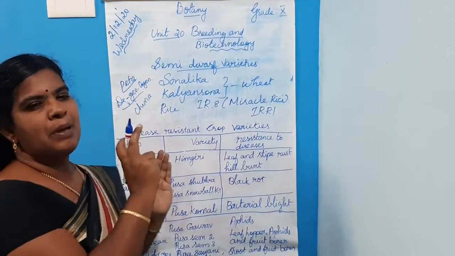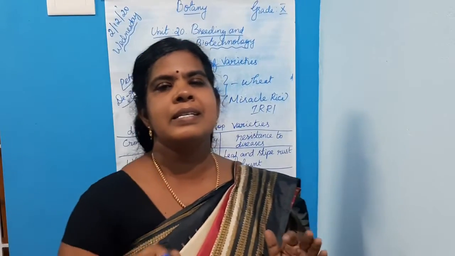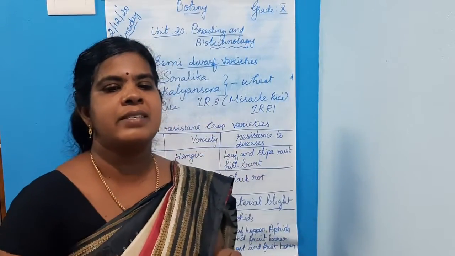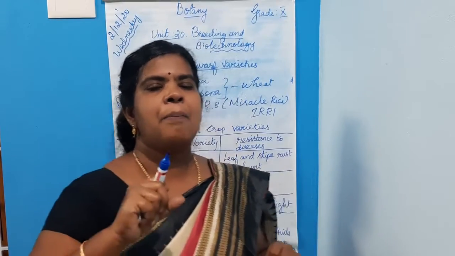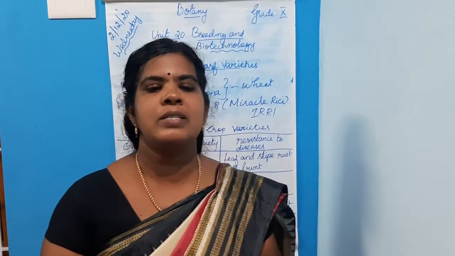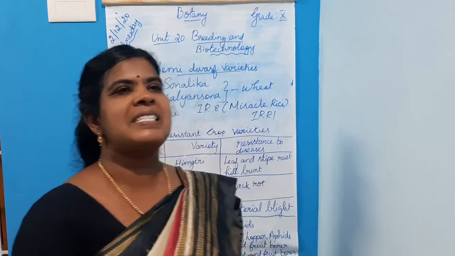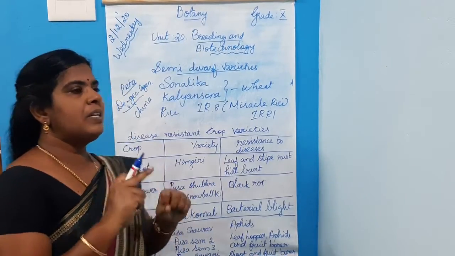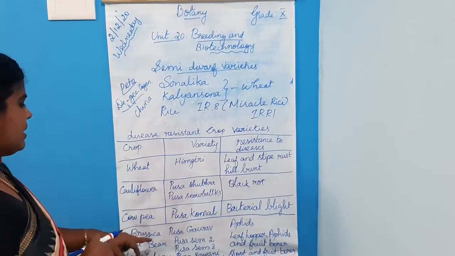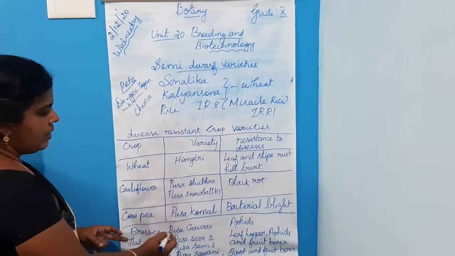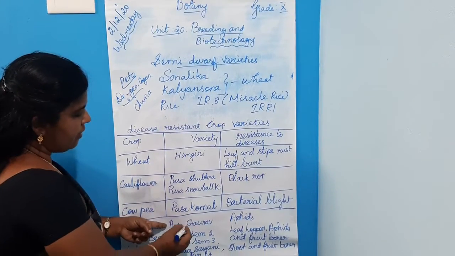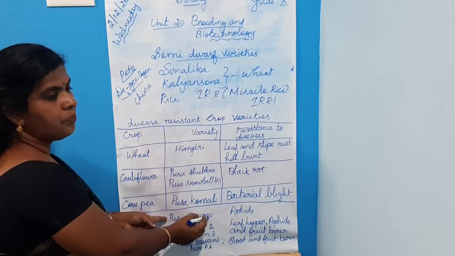Now, by breeding technology, disease-resistant crop varieties are developed. Then, by applying breeding technology, insect and pest-resistant varieties are developed. For example, in Brassica, the variety is Pusa Gaurav.